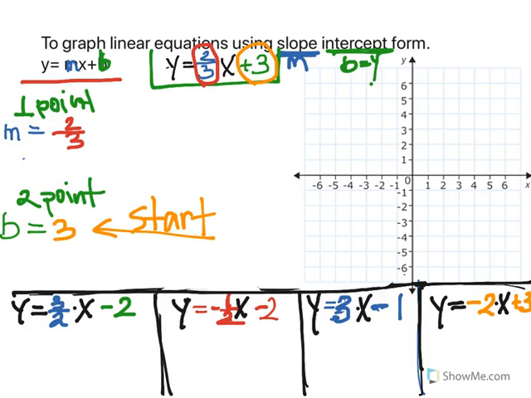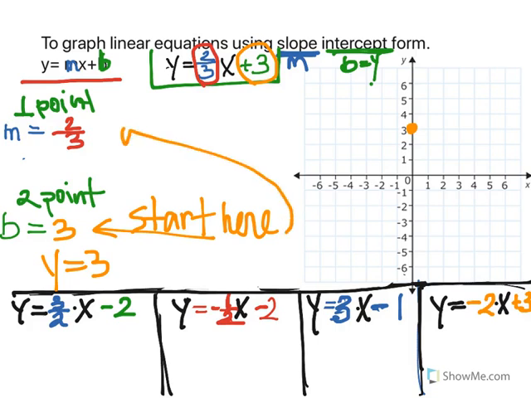Always plot this first. Start here. So what it means is that my b, or my y, is 3. So on the y-axis, I'm going to find 3. Here's my first point. Now I'm going to move on to this one and use 2 over 3 to graph my second point.